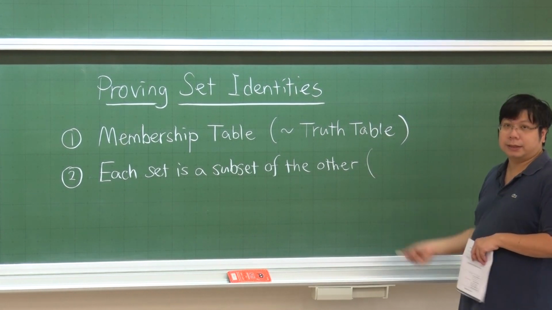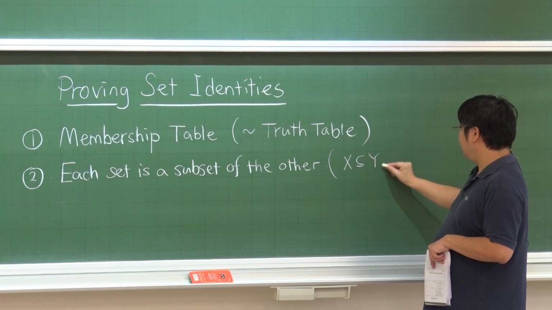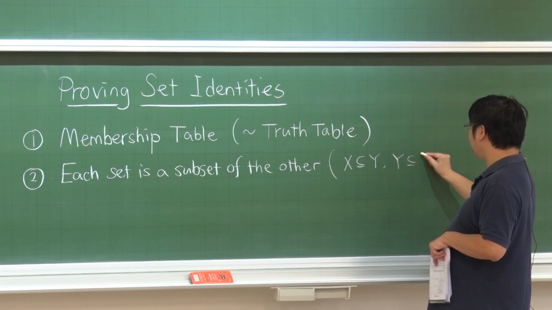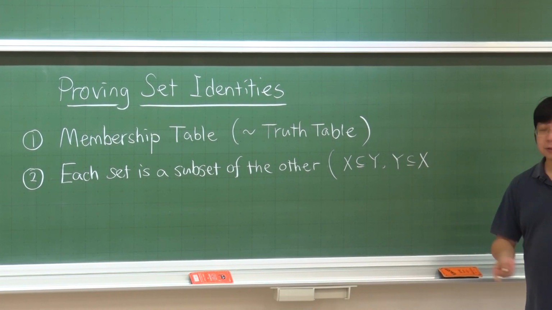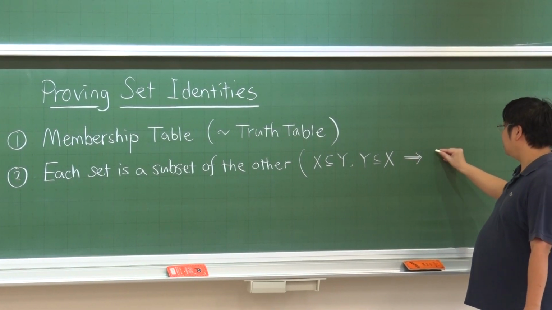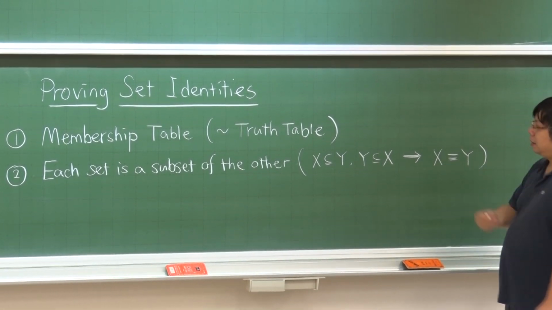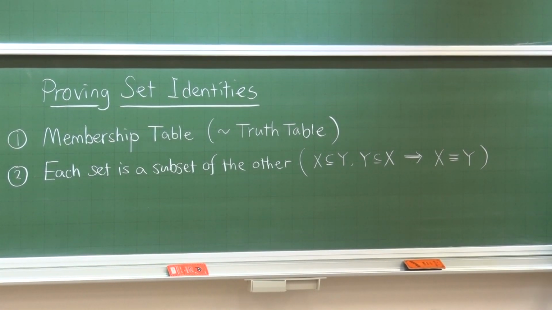So the reason here is that if we can show that X is a subset of Y, and then Y is a subset of X, if we can show that this is true and this is true, then this will imply that the set X must be equal to the set Y. So this is the logic behind.